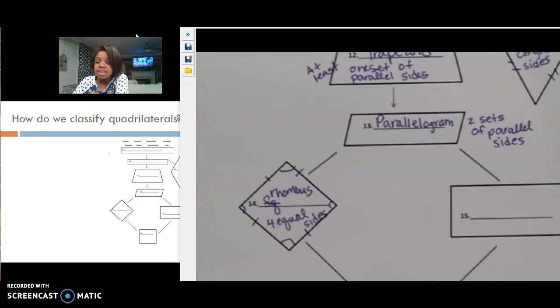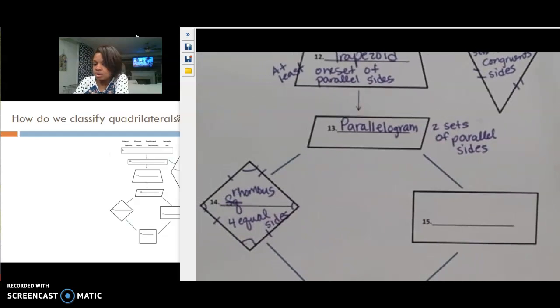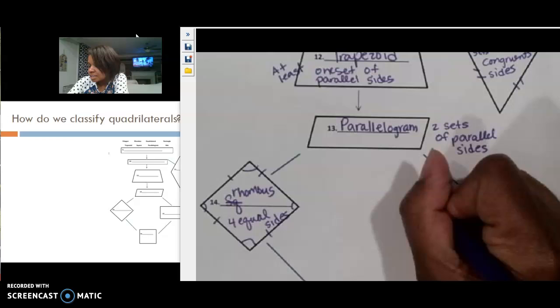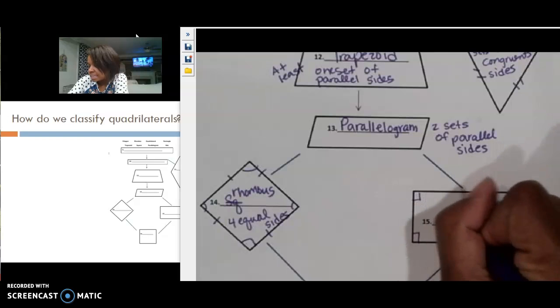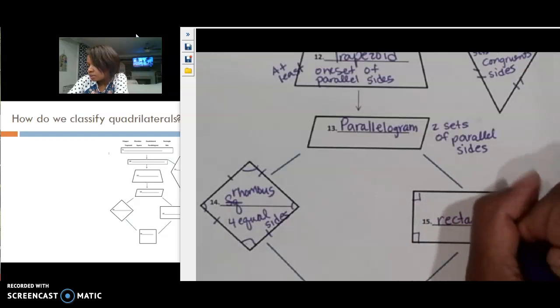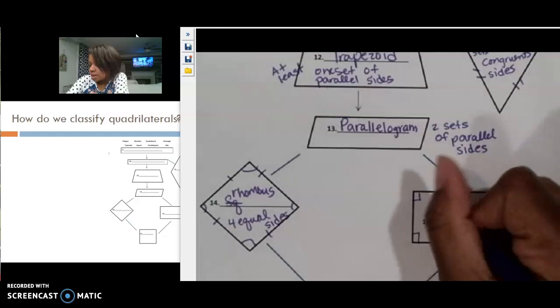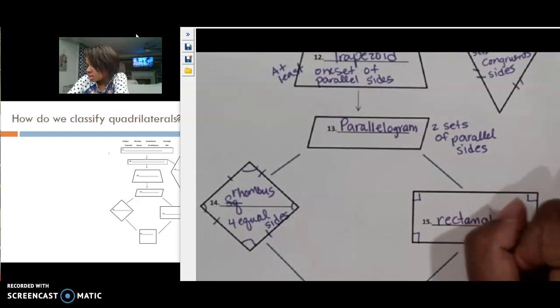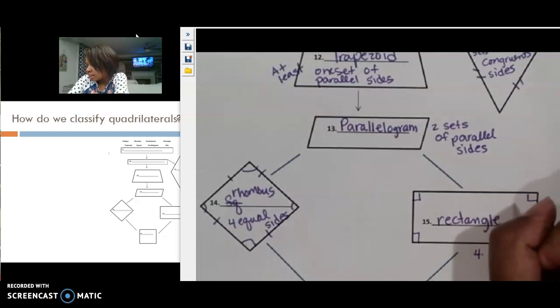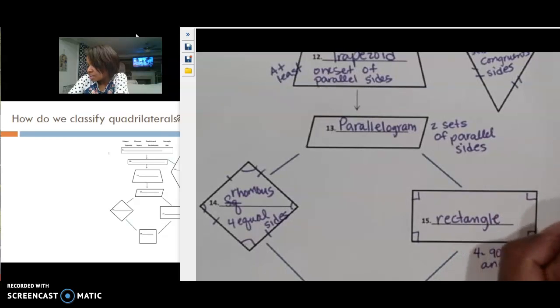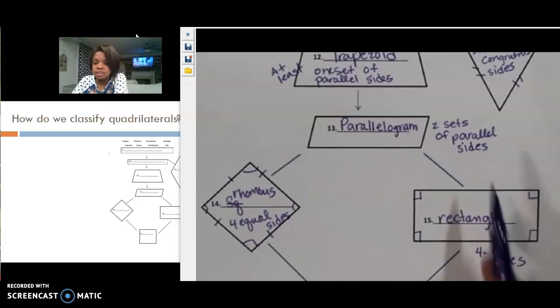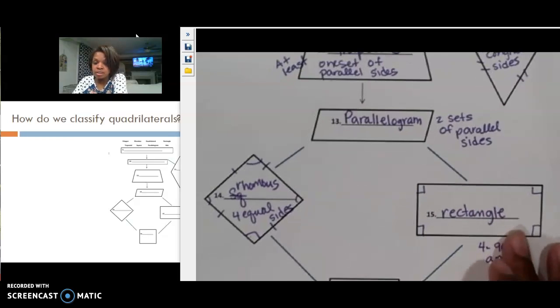All right, and then I have my rectangle. Now, how do I know this is a rectangle? It has four 90-degree angles. That's what it takes to be a rectangle. Okay, so it has four 90-degree angles. It is a parallelogram, which means it has two sets of parallel sides.